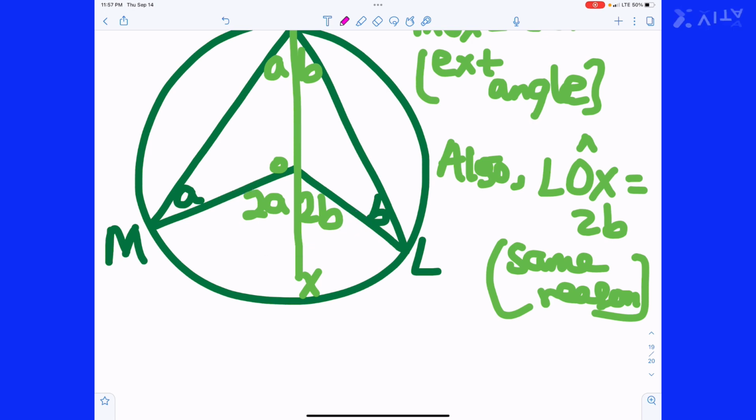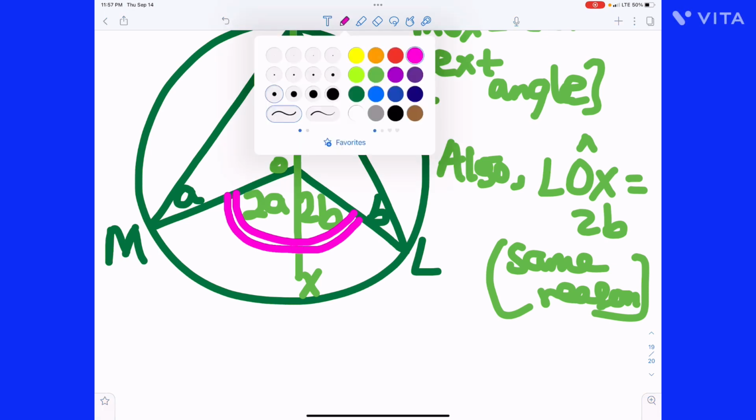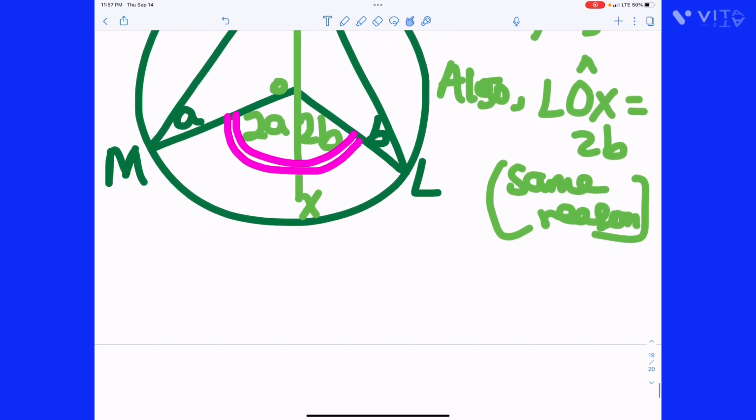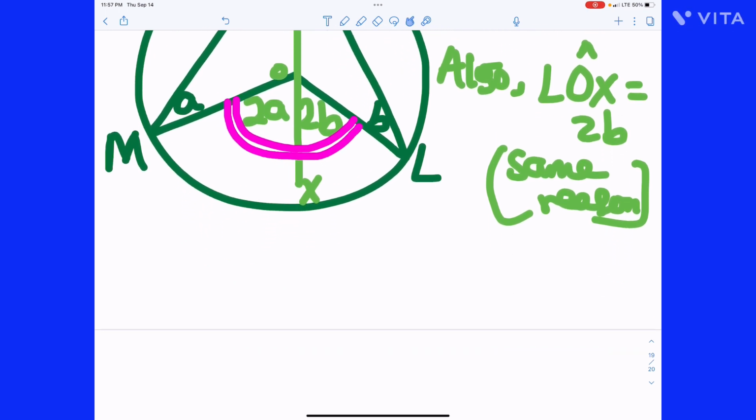The question says we should find the obtuse, so we are looking for this one, MOL.